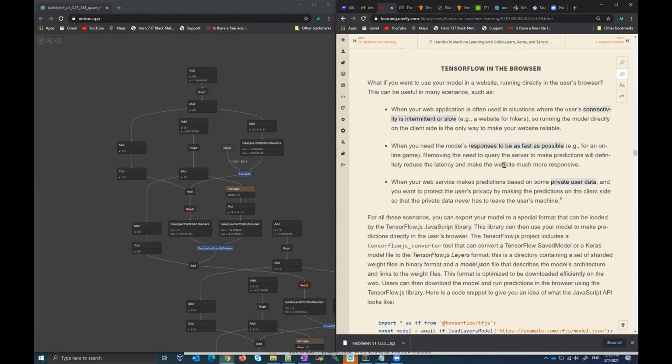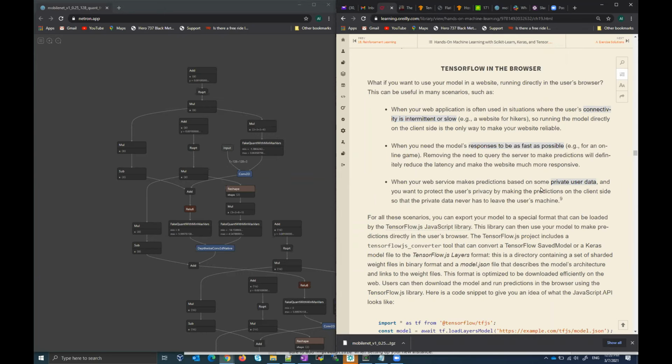And when you want to have very quick responses to the prediction, you don't need to wait for the server to give you the prediction, but you can predict and use the model in the client of the user. You don't need to wait for that.